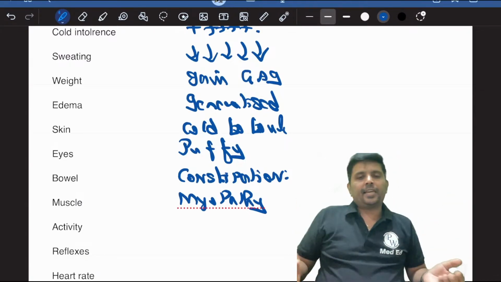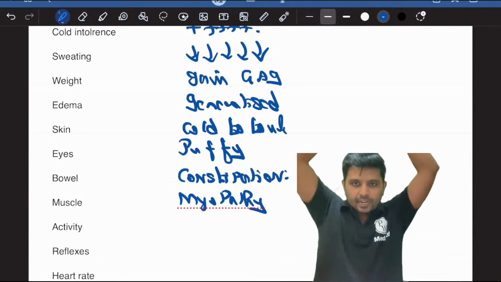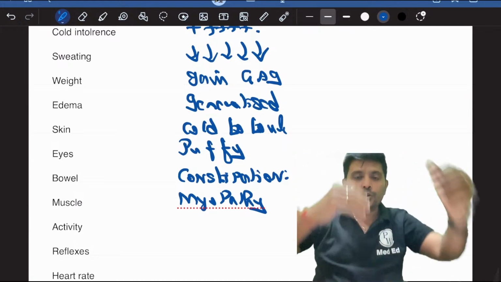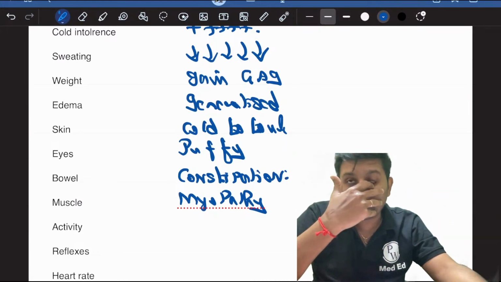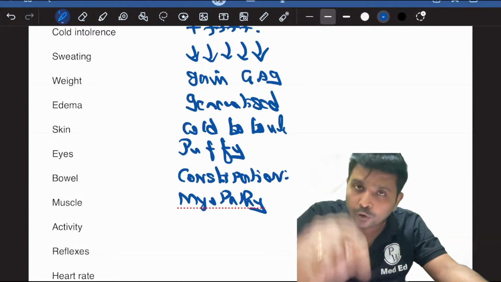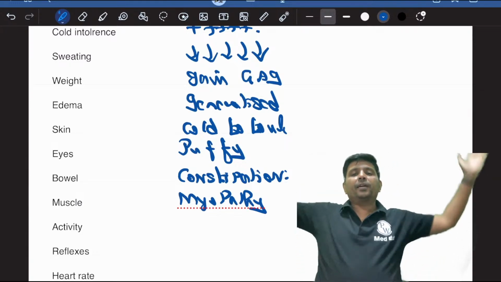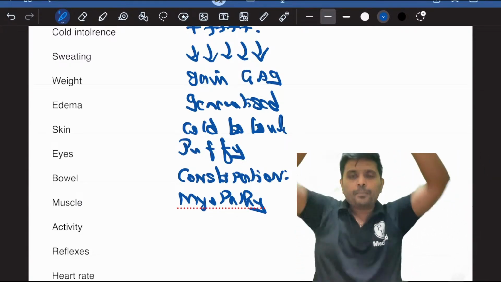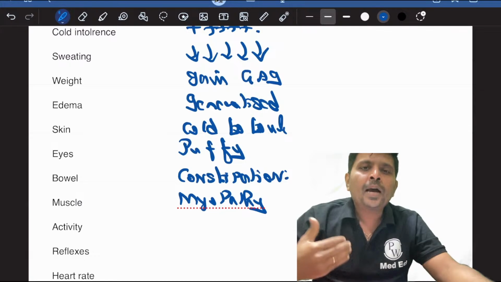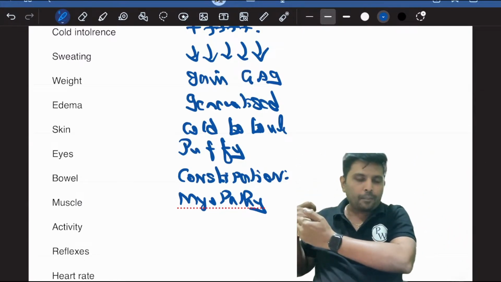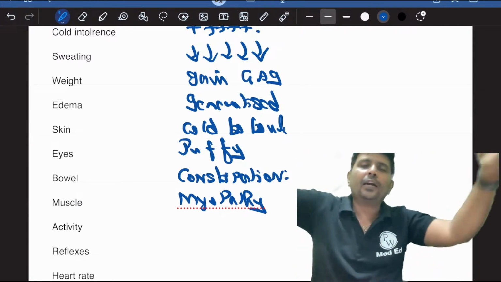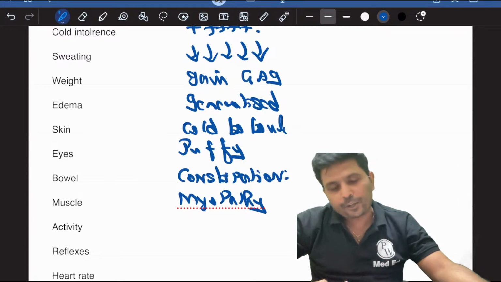That means they cannot do this kind of movements. Climbing is proximal muscle movement involving the proximal muscles of the lower limb. Elevating or abducting your shoulder means proximal muscle movement of the upper limb. They cannot comb, upper limb proximal myopathy. They cannot climb, lower limb proximal myopathy.